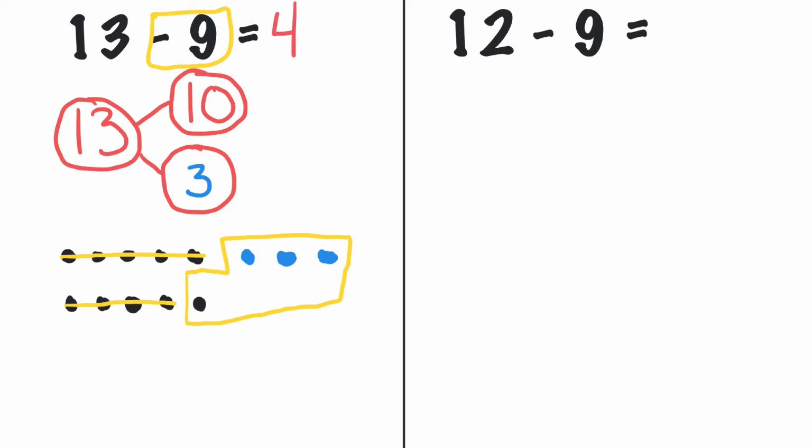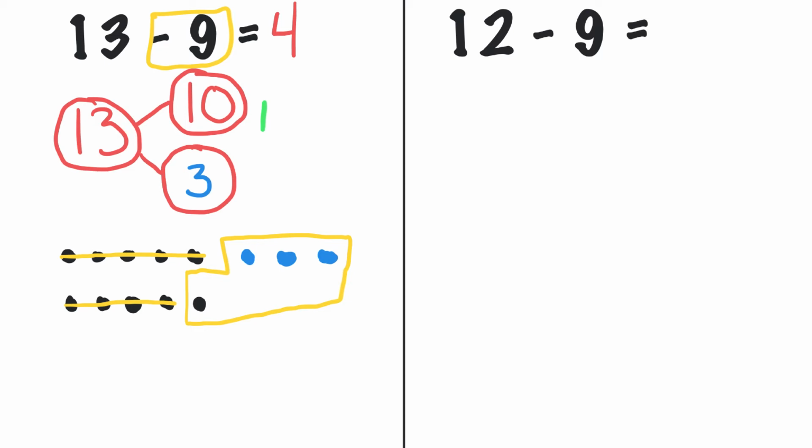Now, one thing that I want to point out that some of you may have already noticed. When I take my total number here, my 13, and I break it into a number bond, 10 and 3, I already know that 10 minus 9 is 1. We always have 1 left over, don't we?